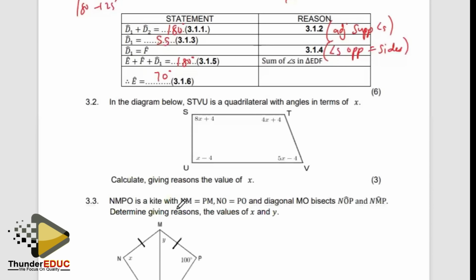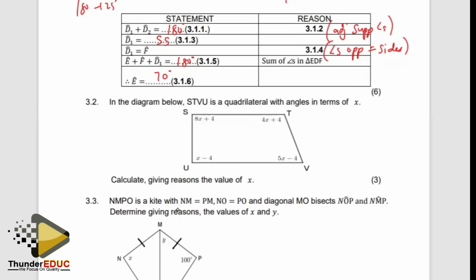Then 3.2 is a quadrilateral. The diagram STV is a quadrilateral with angles that have x with them. Calculate the value of x. So if these are interior angles of a quadrilateral, they must all add up to 360 degrees.